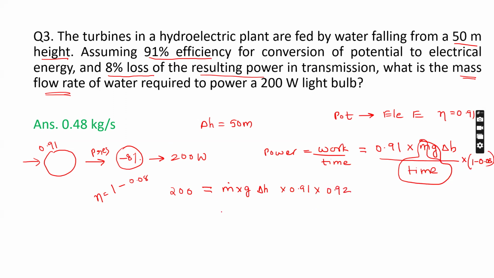Okay, and this g we know already, 9.81 meter per second square, and this is in watt, so I am expressing everything in SI units only, and this delta h is 50 meter. On solving, we get this m dot is equal to 0.48 kg per second. Okay, so now we understand what is the power and how to work with these efficiencies.